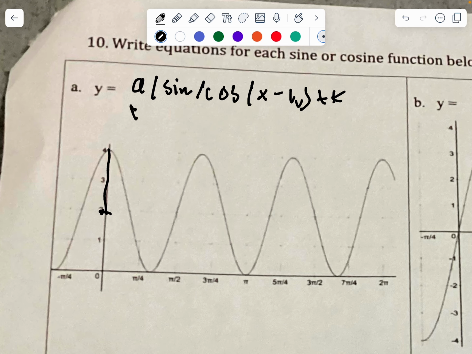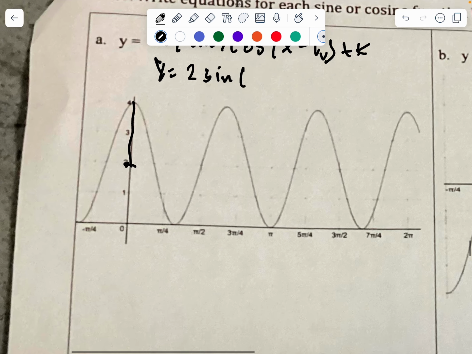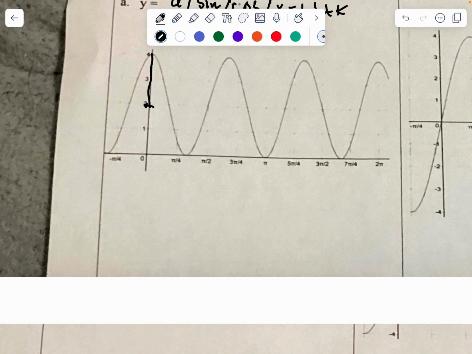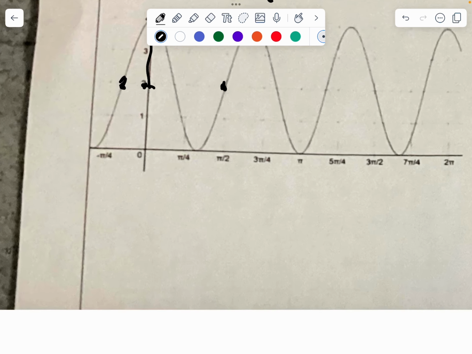I'll start with sine. y equals 2 times sine, times. We have to find the b value. So we take the period, which is where does sine start? Sine starts here and ends here.